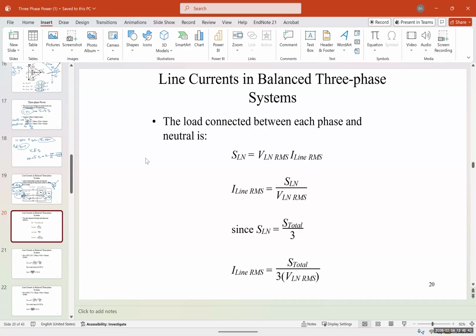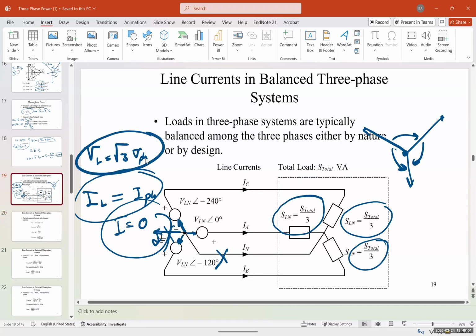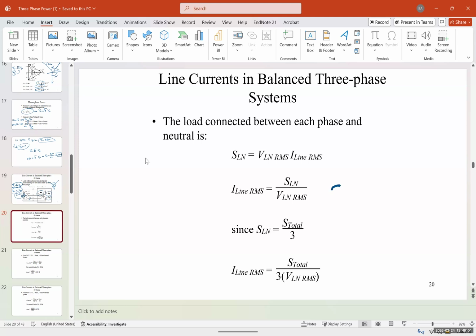For the load connected between each phase, if we want to find the power, S line-to-neutral is going to be V line-to-neutral RMS times I line RMS, and the total power is going to be 3 times each power. So the total power, S total, is going to be 3 times the power of each phase.